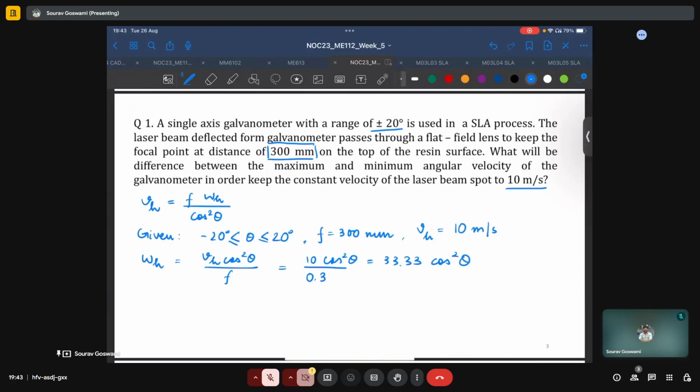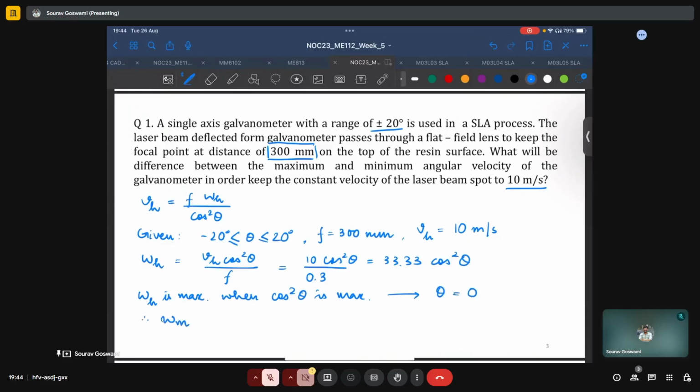Notice also that omega h will be maximum when cos square theta is maximum, which will happen at theta equal 0.